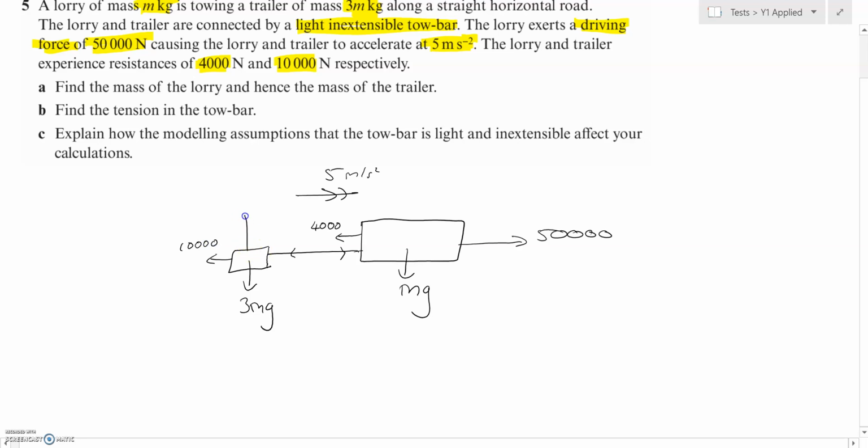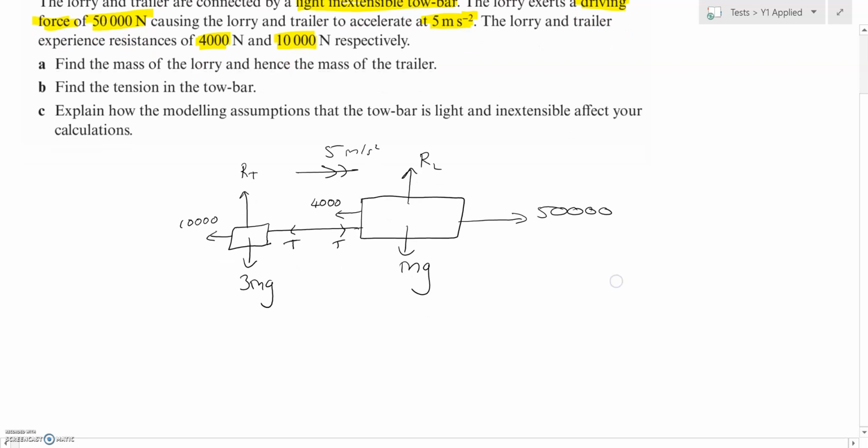And you can put your reaction forces on there. This is for the trailer, and this is for the lorry. And label your tensions, and that's your force diagram. Find the mass of the lorry and hence the mass of the trailer.